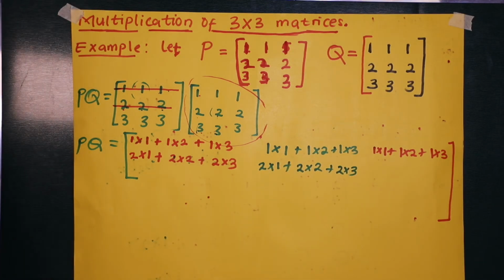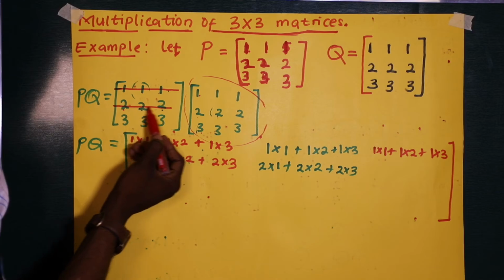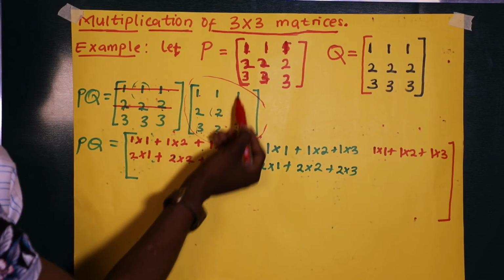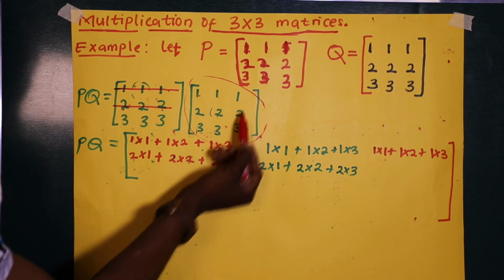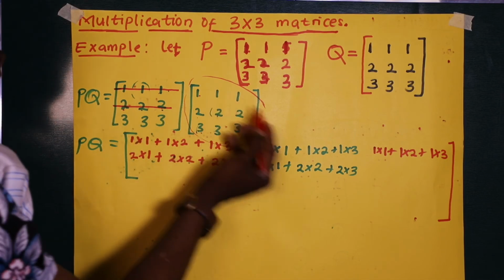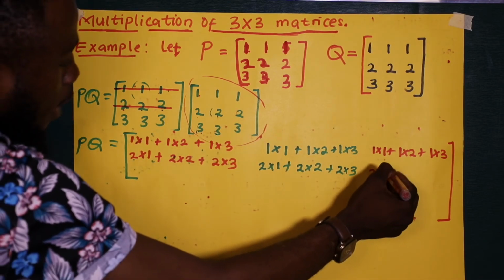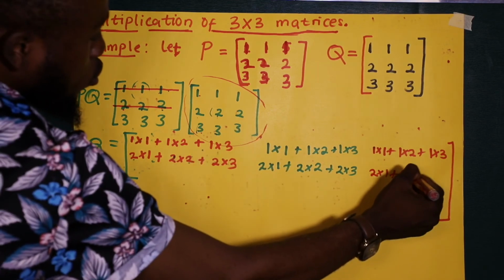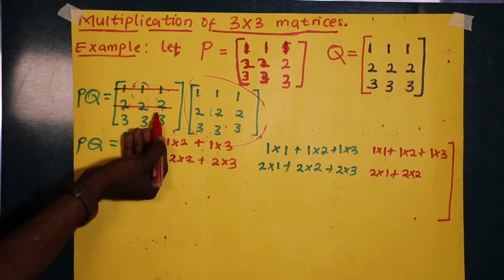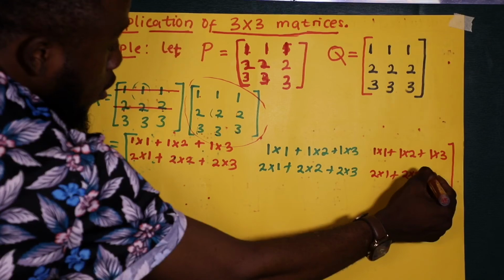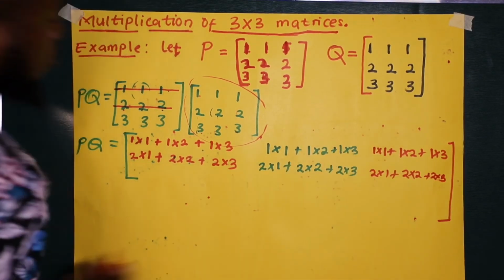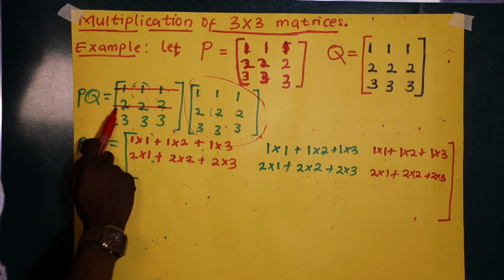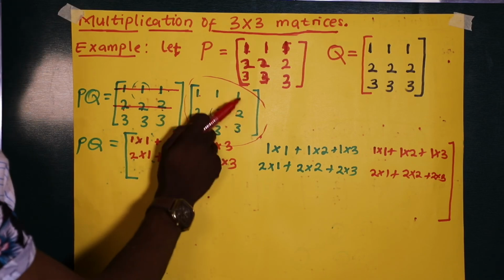You make a space again and still multiply the same row with the next column of the second matrix. 2 times 1, plus 2 times 2, plus 2 times 3. Now you finish this row with the whole matrix.